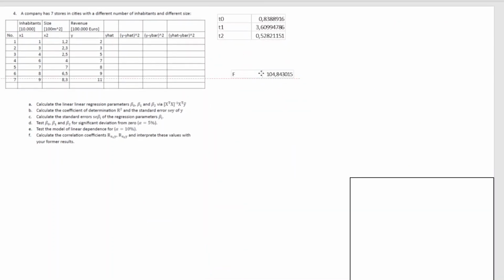So again, these are t distributed. So what we want to do now is we have this significance level of 5%.